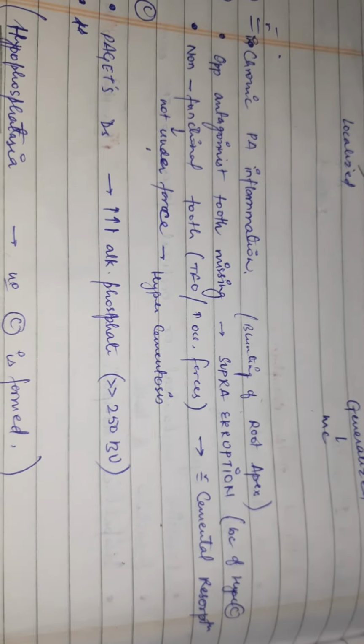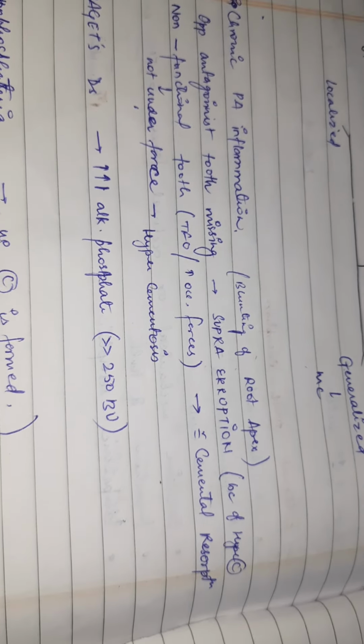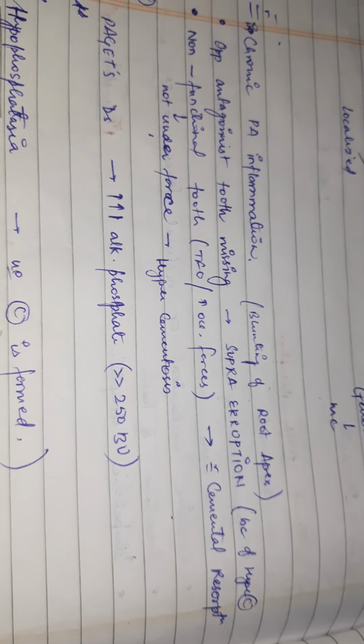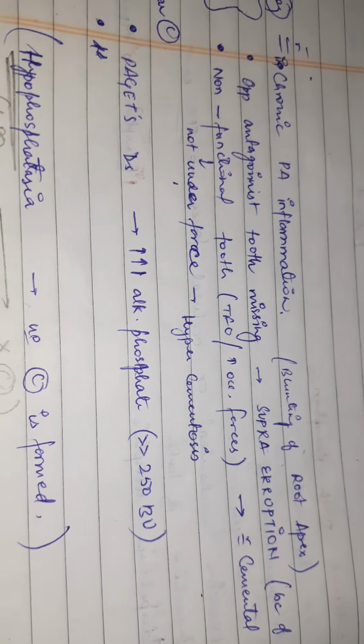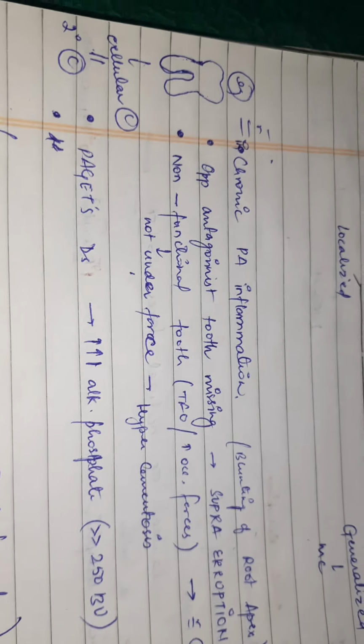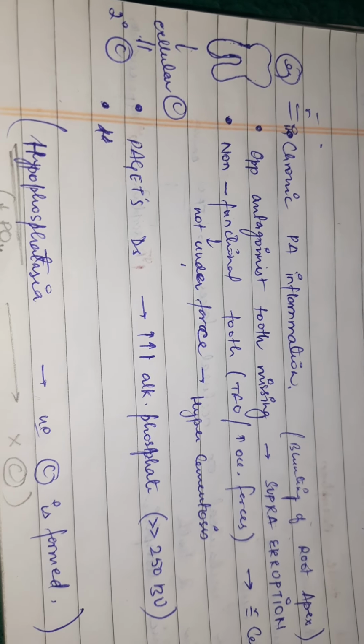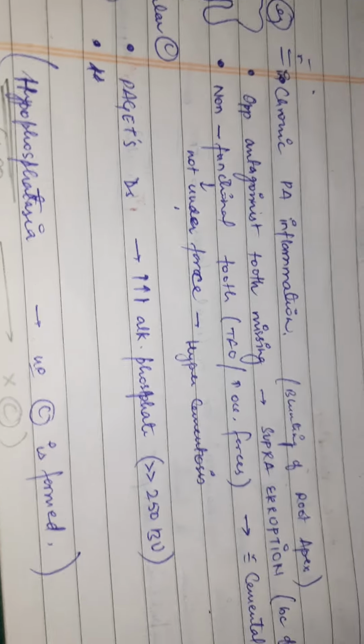Trauma from occlusion and increased occlusal forces are seen in cemental resorption, not under force, and generalized hypercementosis is seen in metabolic disease. Cellular cementum forms in hypercementosis, which is also called secondary cementum.